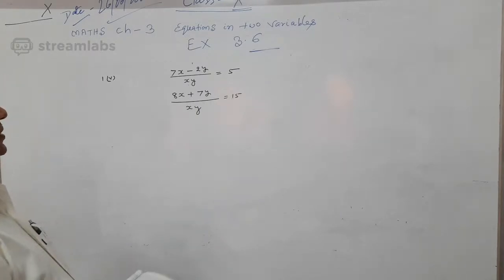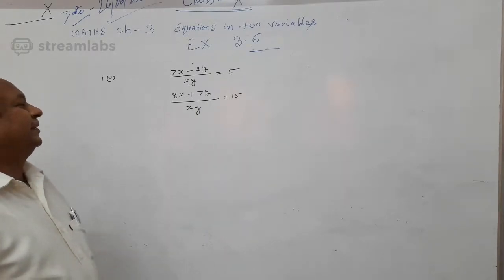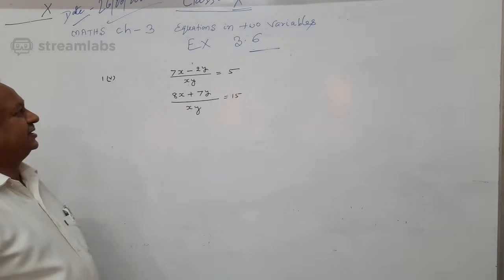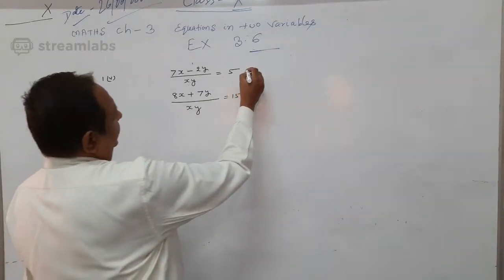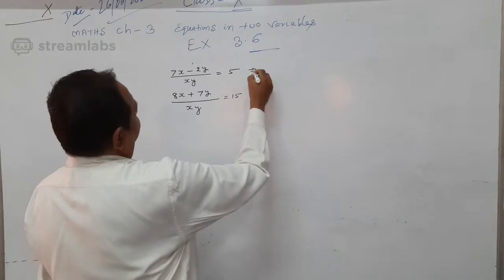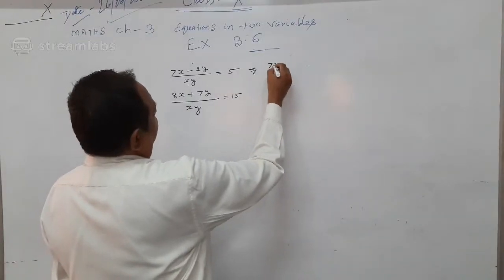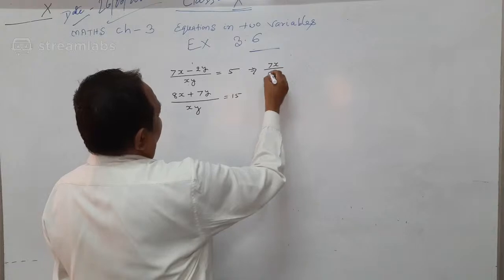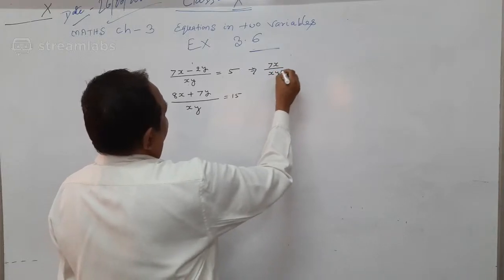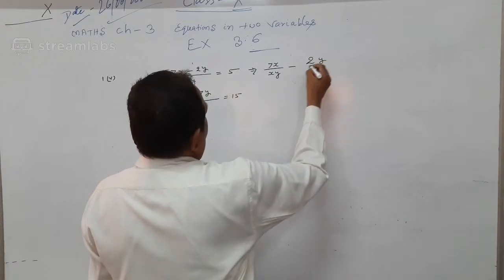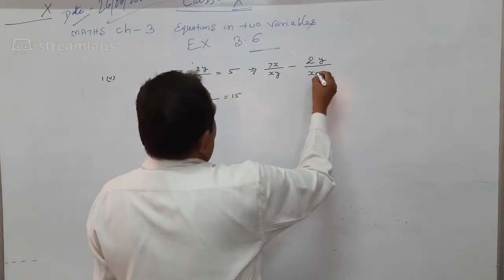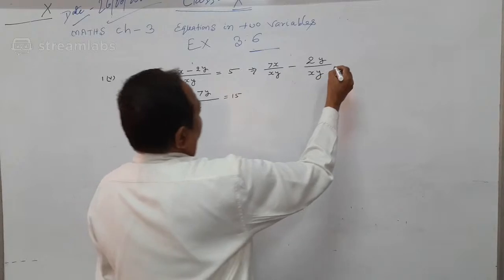Again, we have to convert it into linear equations in two variables. This can be written as 7x upon xy minus 2y upon xy is equal to 5.